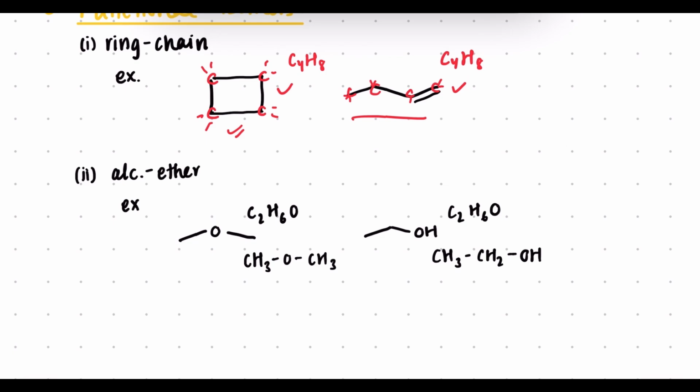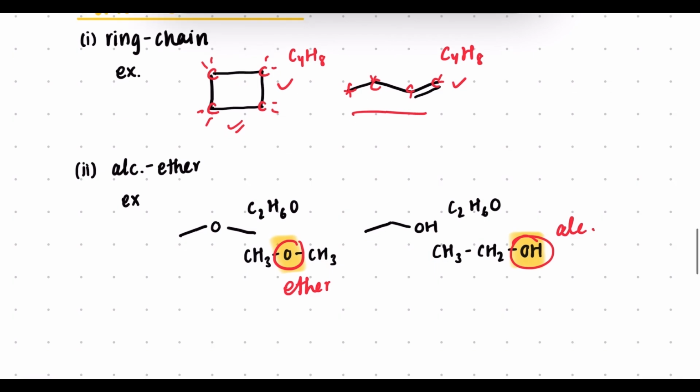So obviously here, the functional group is different. This is an alcohol, while this is an ether. So obviously we have alcohol-ether isomers here.